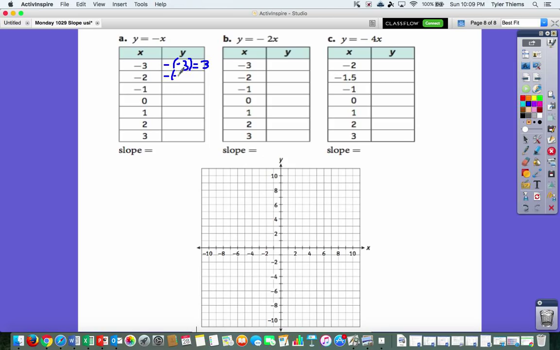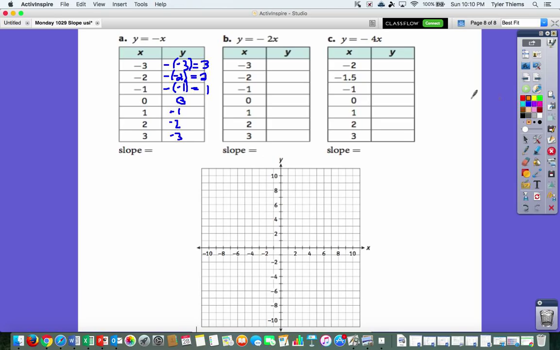So if it's negative 2, that means y is equal to 2. Negative and a negative 1 make 1. Negative 0 is still just 0. Negative 1 then, this would be negative 2, and this is negative 3.